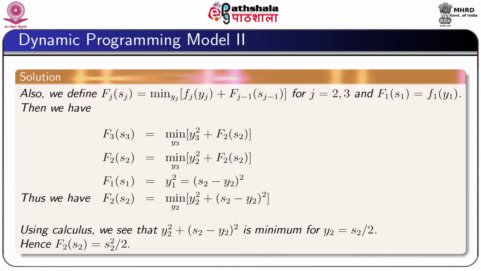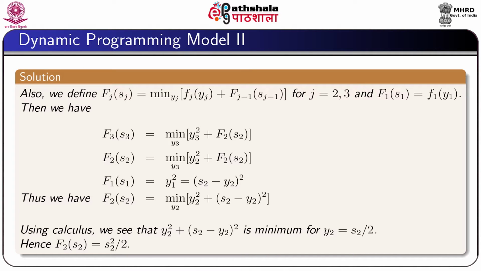From the last two equations, we get F2(S2) equal to the minimum of y2 squared plus (S2 minus y2) whole squared, where the minimum is taken over y2.